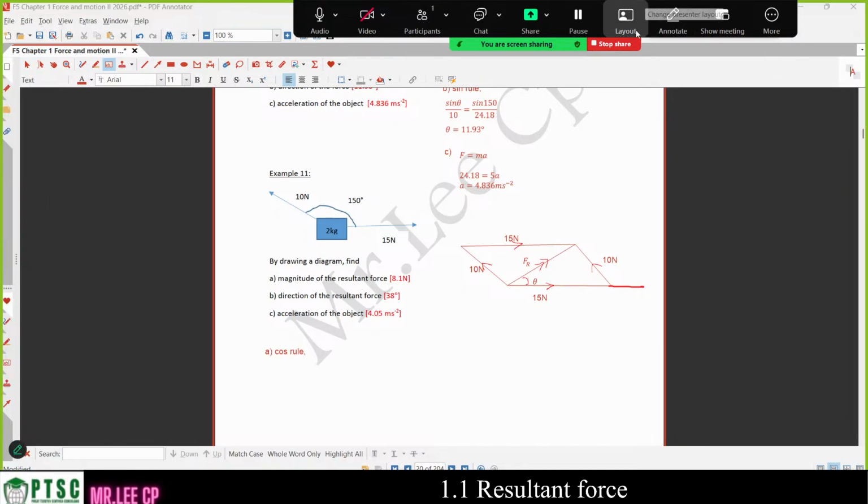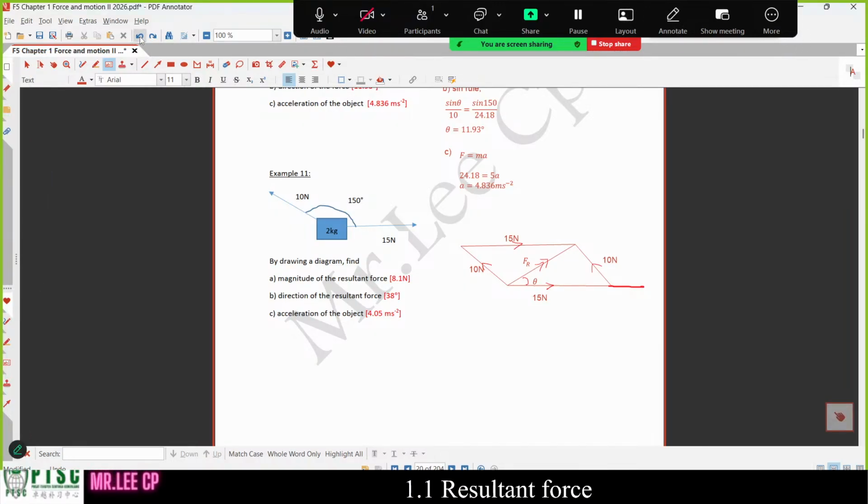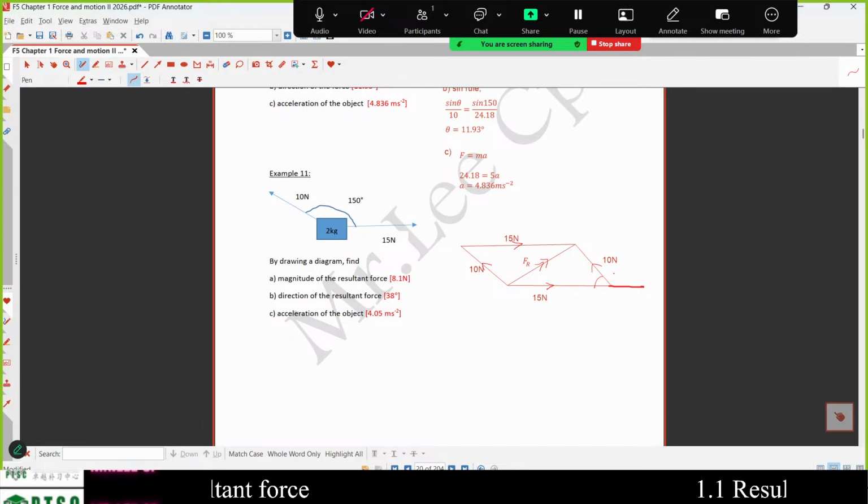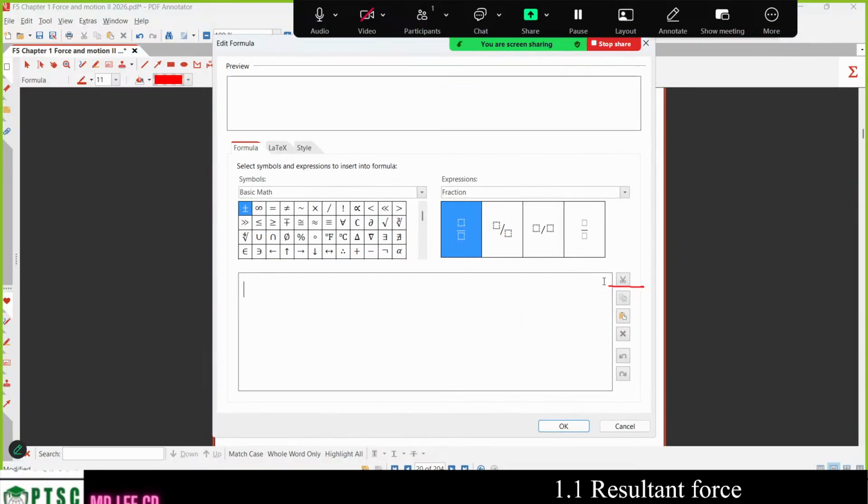Wait, my mistake. I need to have this angle first. I'm sorry, my bad. Because this one is 150, here it is 150, so 180 minus 150 is 30 here. So this angle is 30 degrees.